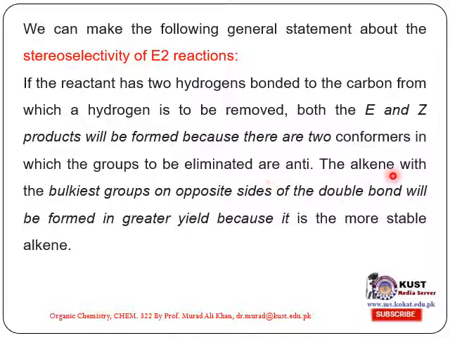The alkene with the bulkiest group on opposite sides of the double bond will be formed in greater yield because it is the more stable alkene. It means that if there are two hydrogens on the beta carbon, both E and Z products are possible, but that product will be in greater yield in which the bulky groups are on opposite sides.